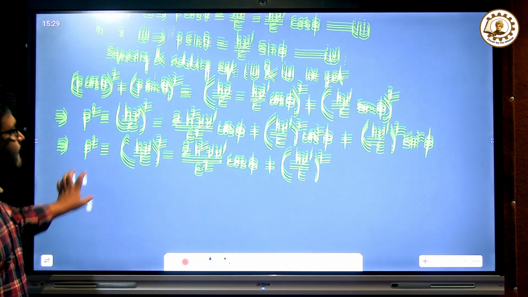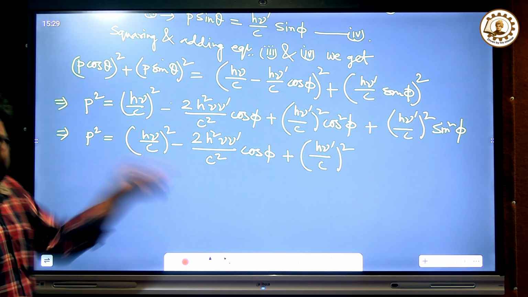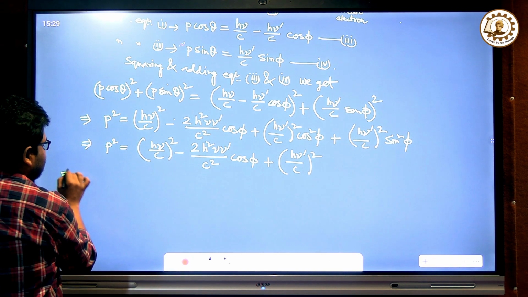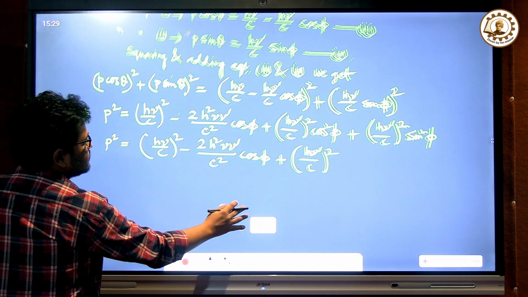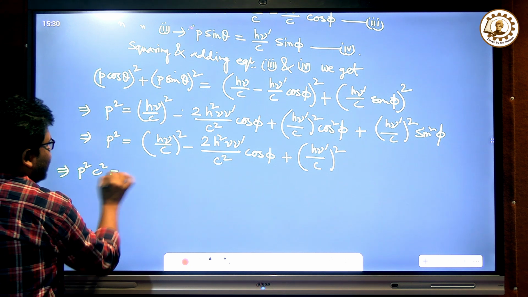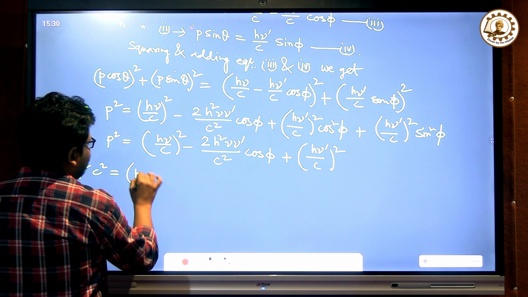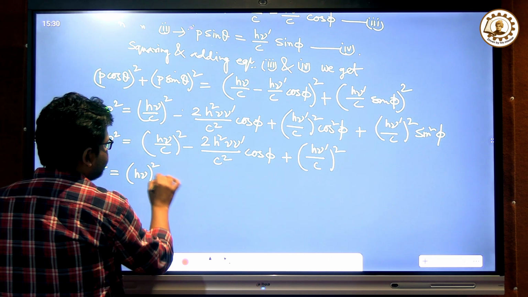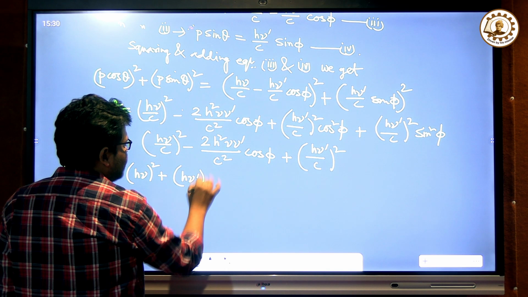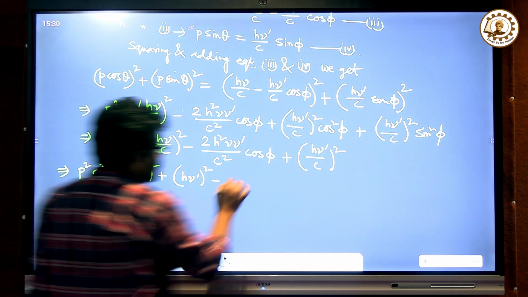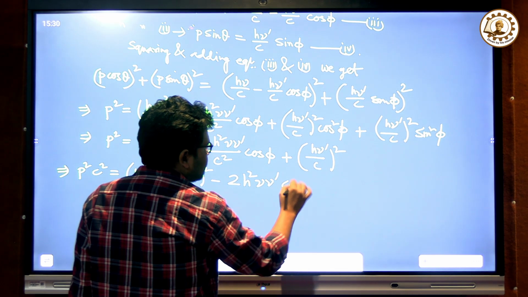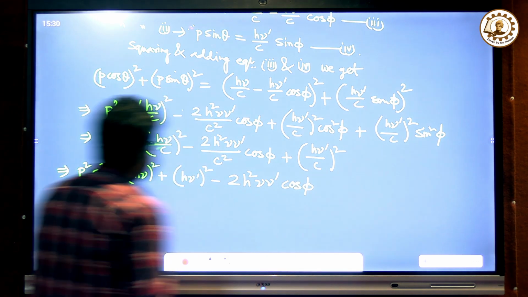Now, if we multiply both sides by c square, this results in p square c square equals (h nu) whole square plus (h nu prime) whole square minus 2h square nu nu prime cos phi.